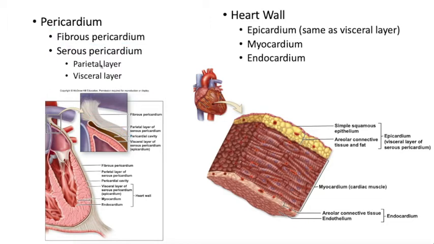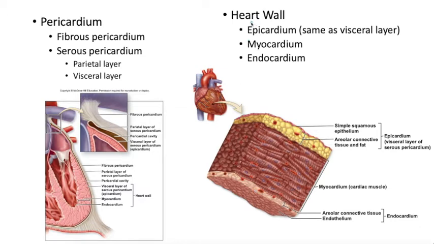Okay, so the heart wall. Now the heart is a hollow organ, as you probably noticed, because there are chambers that you've already learned in lab. Those empty chambers are filled with blood, but those chambers make it a hollow organ. So there's a wall around each of these chambers, and this is the structure of the wall. There are three layers.